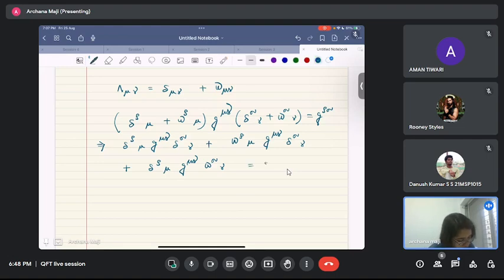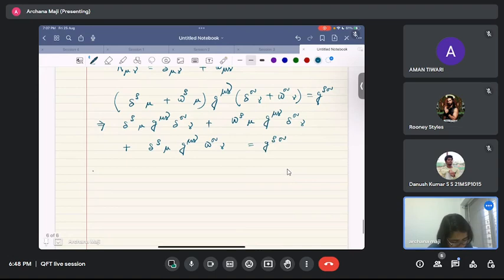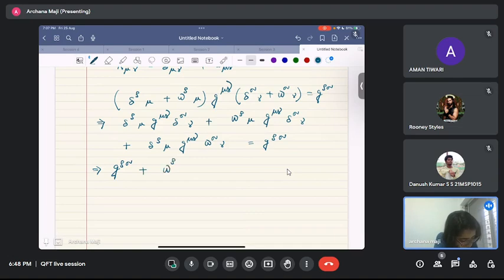So this is equal to g rho sigma, but the first term turns out to be g rho sigma, right, because this is non-zero only when mu is the same as rho and nu is the same as sigma, plus omega rho mu g mu sigma plus g rho nu omega sigma nu.